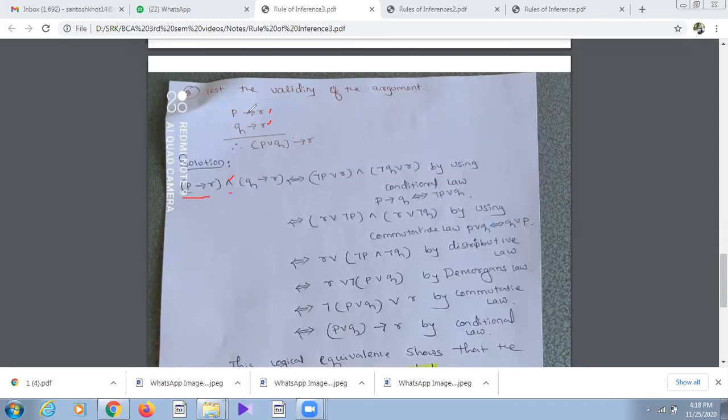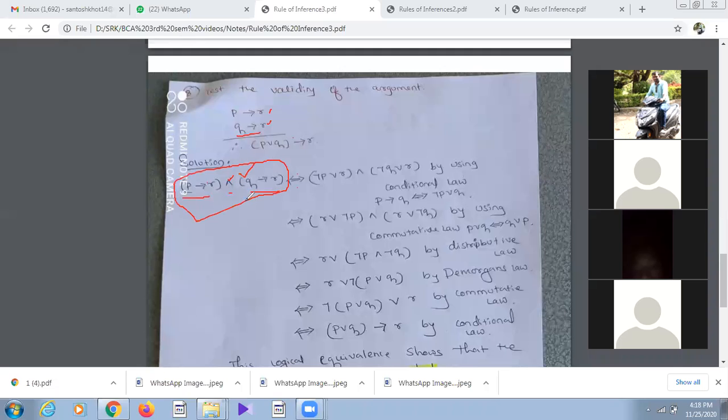So all these premises have to be combined with the conjunction symbol. P conditional R as it is, in between a conjunction, the next premise Q conditional R. Each premise has to be taken, and in between we give the conjunction symbol. Then you have to solve this compound statement by using the rule of syllogism and the laws of logic rules. Both you have to use here.